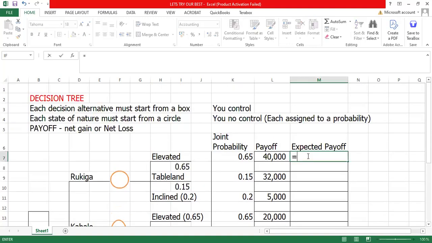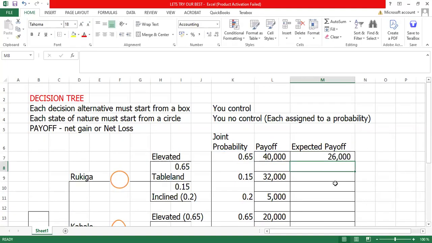So expected payoff, you simply get the probability times the payoff. Here, what do you get? 800. 1,000.